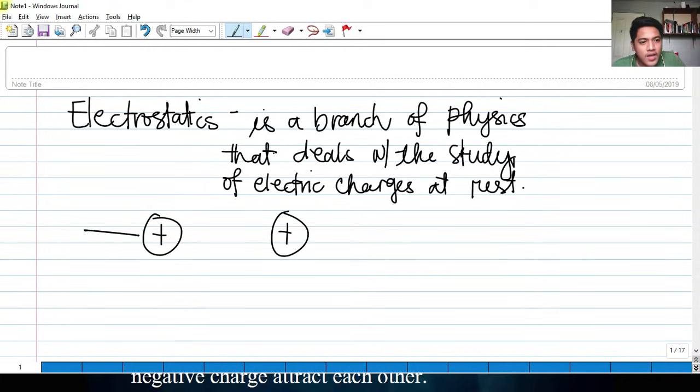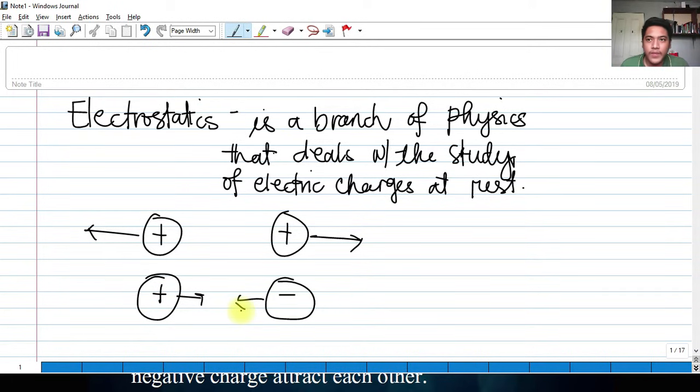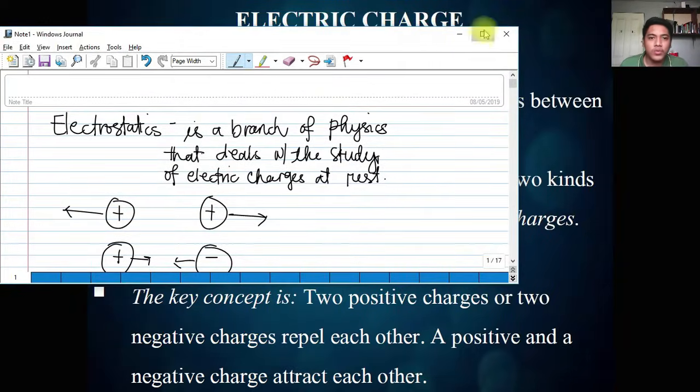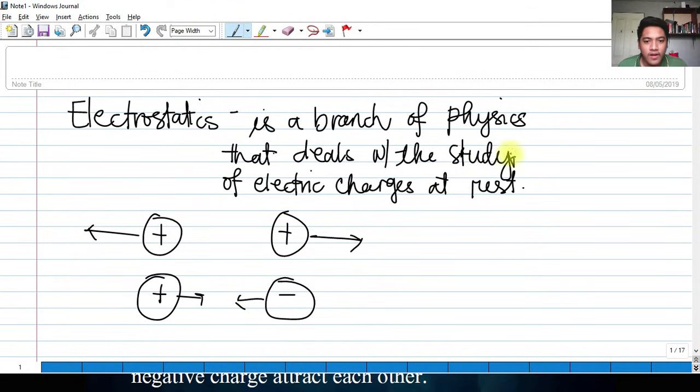These two try to repel each other. If we have unlike charges, positive and negative, these two charges attract each other. So that is the key concept: whenever two charges have the same sign, they repel, and if they have opposite signs, unlike charges, they attract.